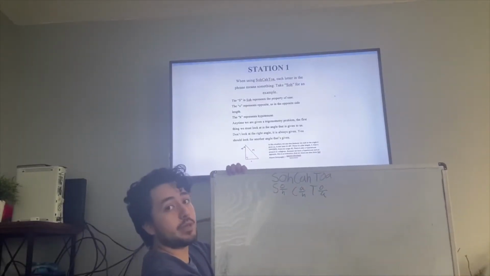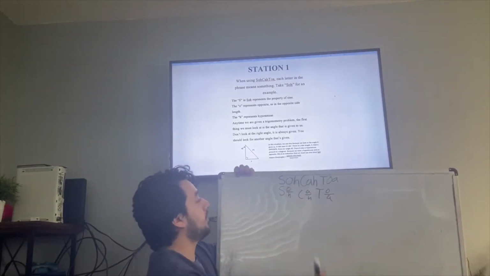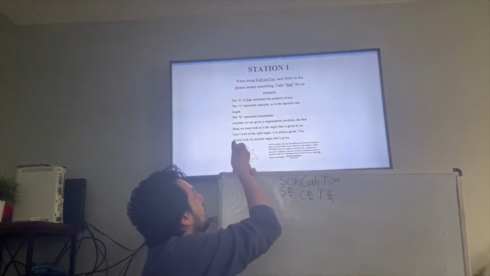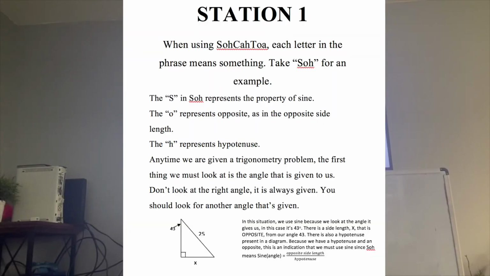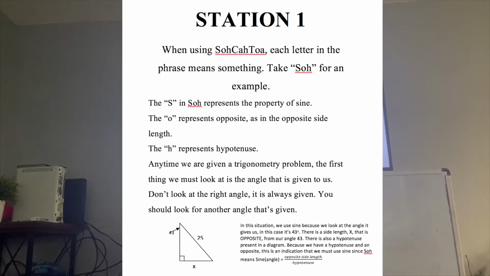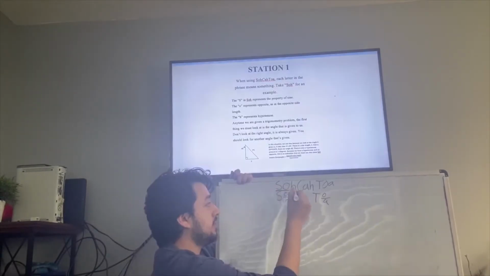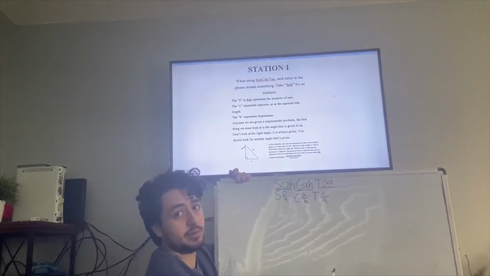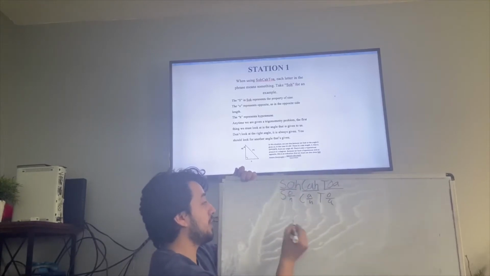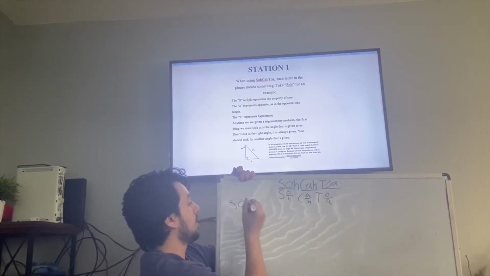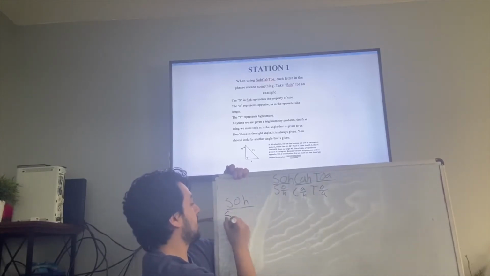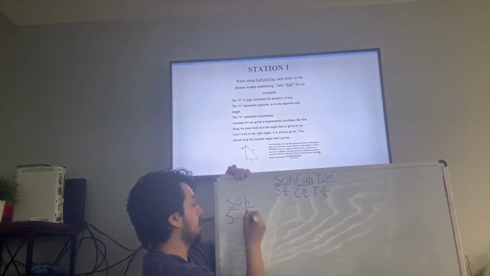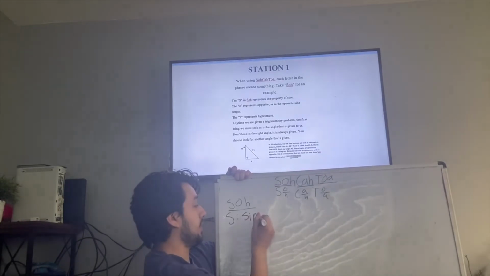Now, as you could probably imagine, and if you could read that, if not, I'll edit it in the video, each phrase in SOHCAHTOA means something. Okay, y'all? So let's talk about SO. Our S in SO signifies sine.